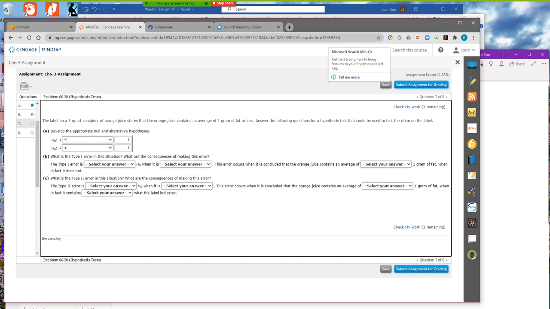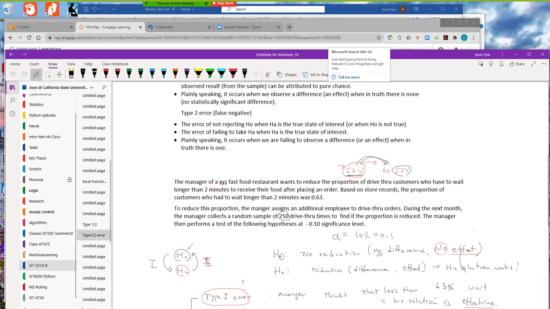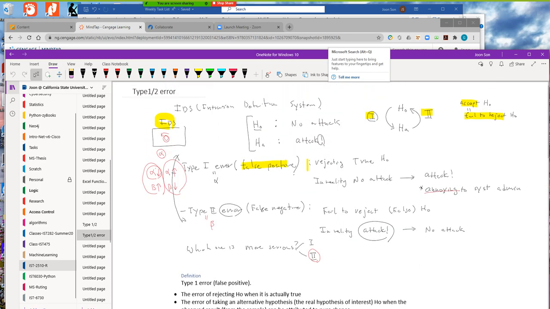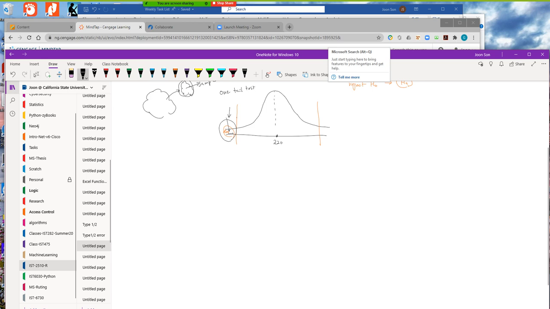Then they're asking what is a type 1 error in this situation, and what are the consequences of making the error? In my lecture, I think I talked about this somewhere.